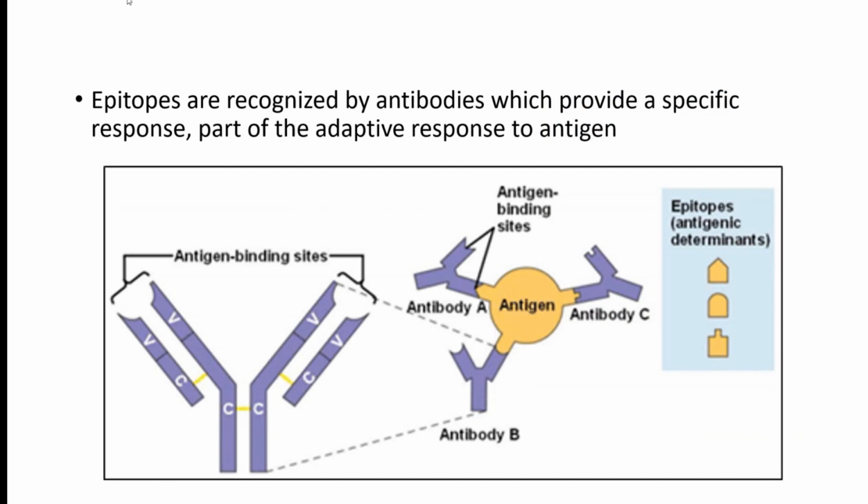These epitopes then are recognized by products that are produced by the immune system called antibodies, and they are what provide the specificity. So remember we said the adaptive immune response gives a specific immune response? Well, that's in part because of these epitopes. So if you look at our picture here, you see the epitopes are represented by different shapes.